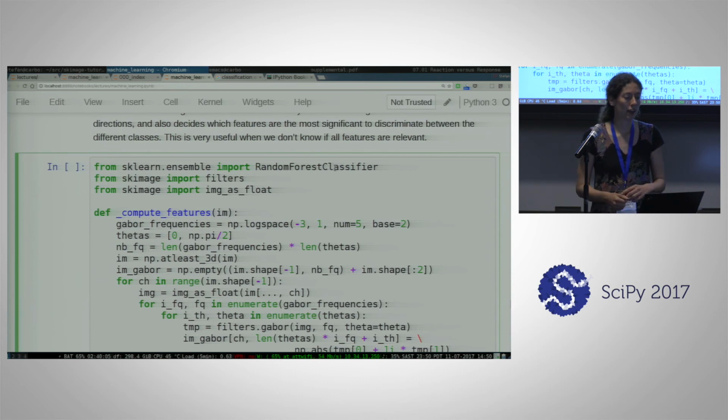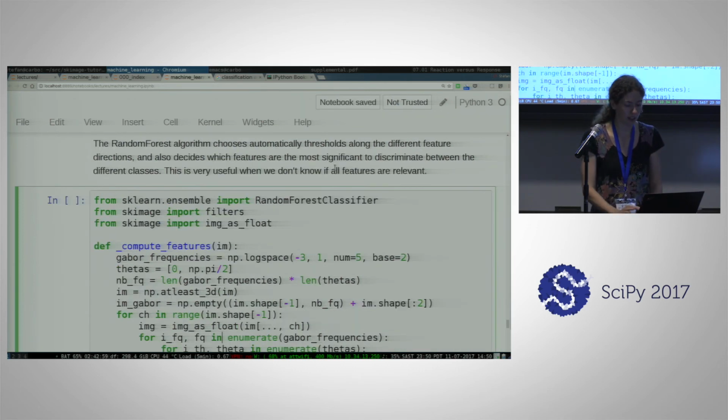For example, if I have a lot of very thin edges, some of the Gabor filters will have a lot of information, but the ones corresponding to low frequencies will not. The random forest classifier is able to decide which directions of space are the most relevant and which should be used more for the classification.